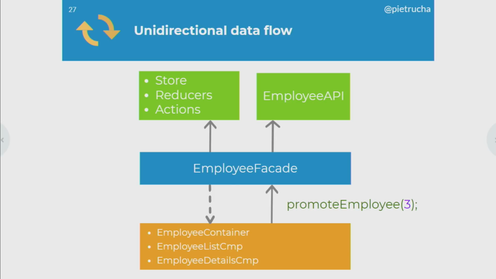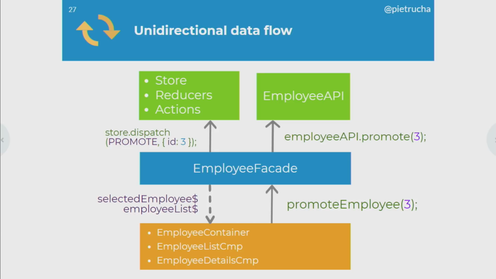And then I call my facade saying, okay, promote employee. It will call our API, trying to update something on the server side. And then once it succeeds, it dispatches an action. An application would react because interested parties, interested components, interested pieces of the app are subscribed to the observable.